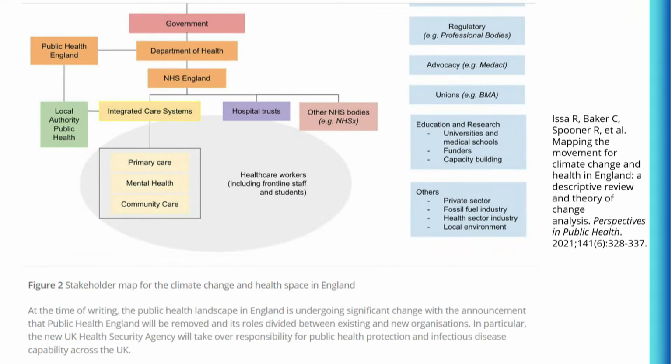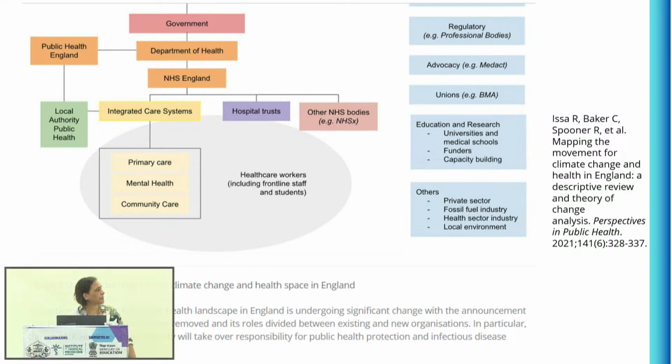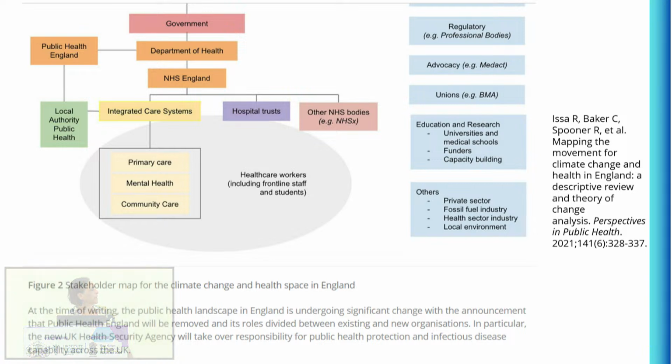So this is an example, a stakeholder map for climate change and health in England. So at the time of writing this paper, I think it is from around 2 or 3 years ago, 2021, the public health landscape in England is undergoing significant change with the announcement that Public Health England will be removed and the roles divided between existing and new organizations.